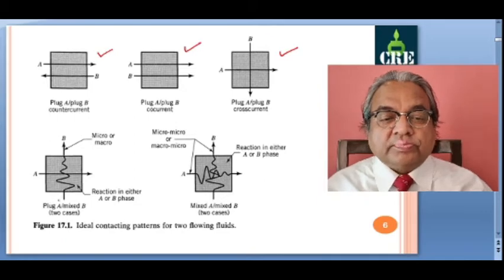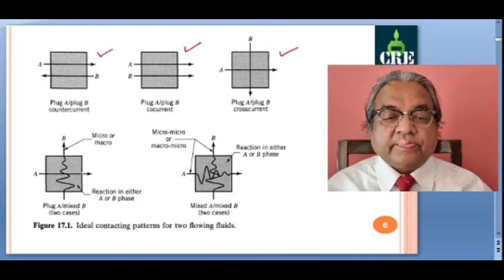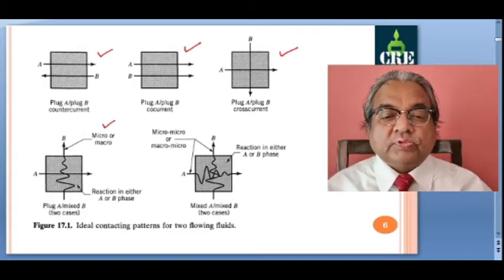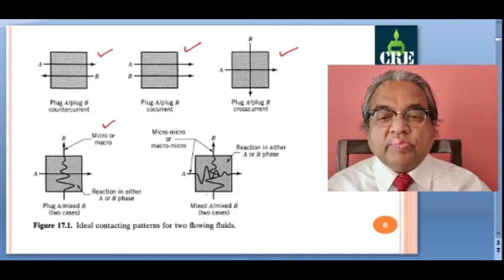Here we have plug flow of A and mixed flow of B. So here two cases are possible. Either B can be a microfluid or macrofluid. So here the reaction is either taking place in A or B phase. Similarly, here we have mixed flow of A as well as mixed flow of B, both in mixed flow.